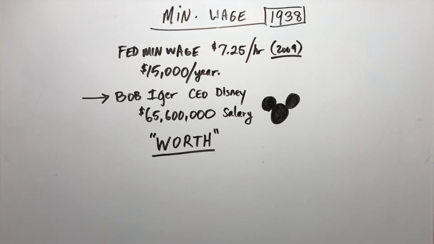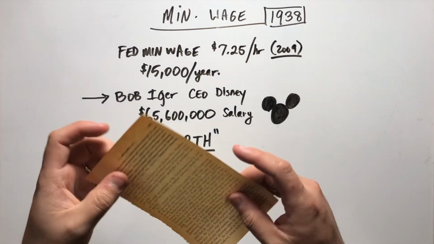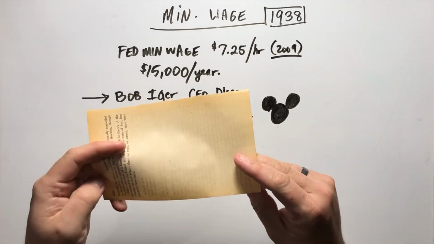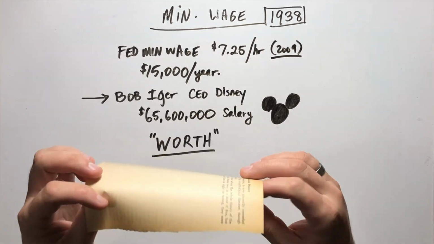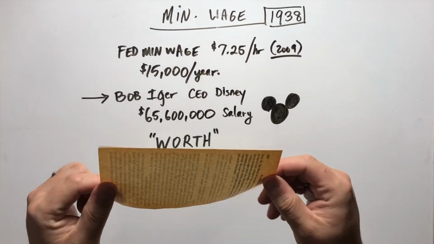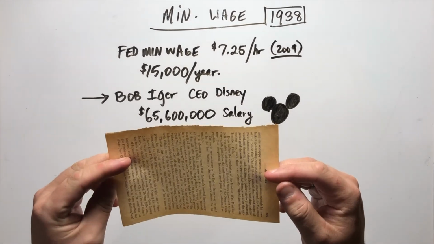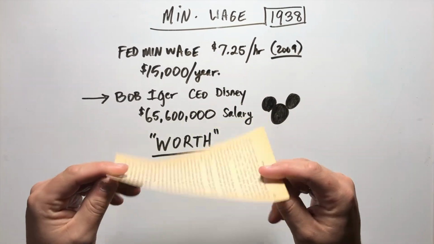Again, if Disney had employees who were paid minimum wage, $15,000 a year, and that minimum wage is represented by this piece of paper from a book. Now, I'm a big bibliophile. I love books, but this book page kind of fell out, so I don't mind using it for this example.